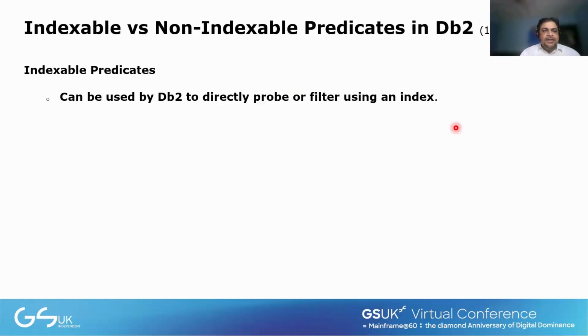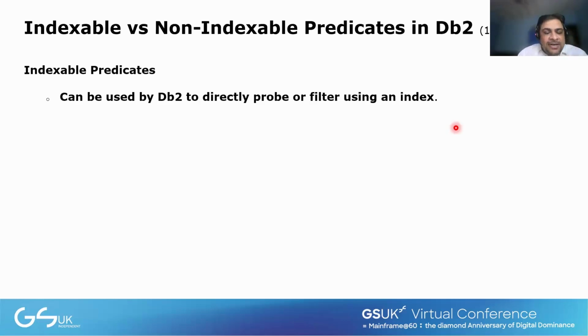Let's focus on indexable and non-indexable. So indexable predicates, as the name suggests, can be used directly to probe an index and filter data via the index. So if in your where clause you mention the columns from your index, and if the predicate is indexable, it will allow that index scan to happen.